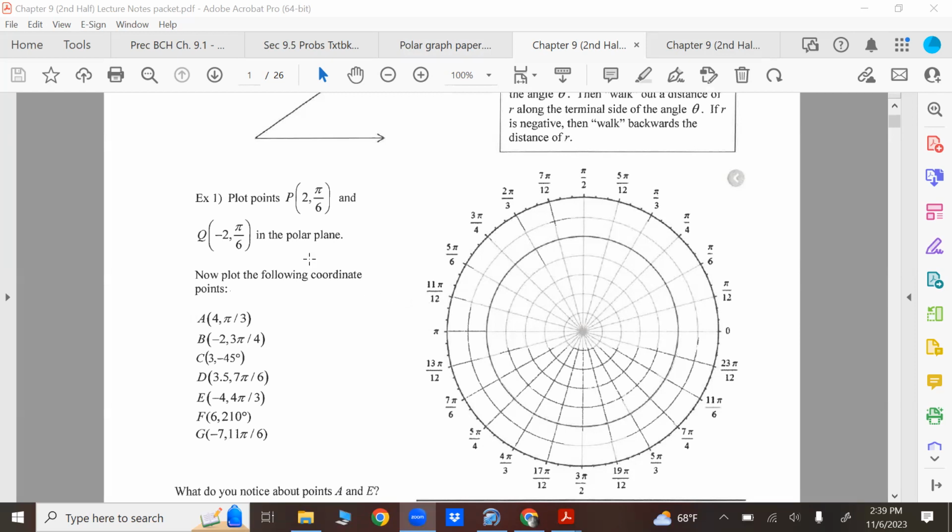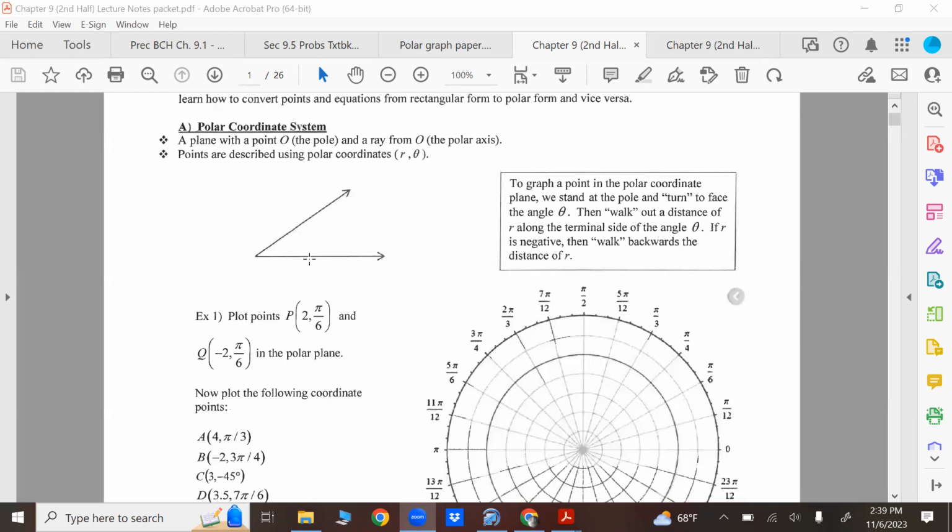Before I get too carried away, the first coordinate you see is r. The second coordinate you see is theta. R is simply what we consider the directed distance. That's the formal name of it, but I like to think of it more like a radius.